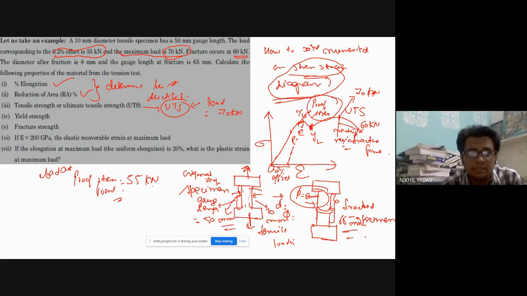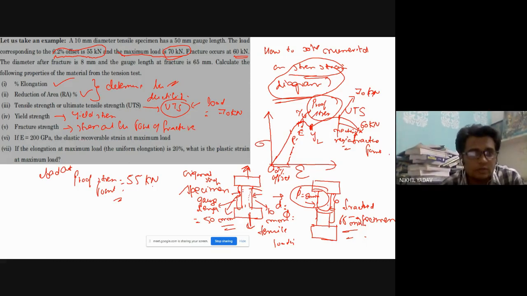Strength means the maximum stress that it can bear at this point, right? Yield strength means the yield stress, right? Fracture strength means the stress at the point of fracture, right?